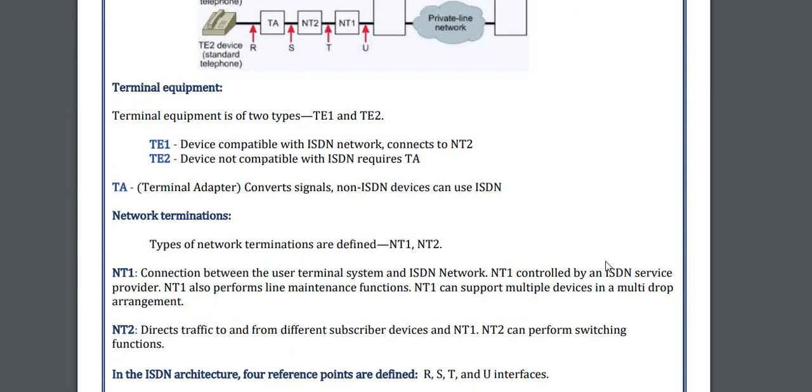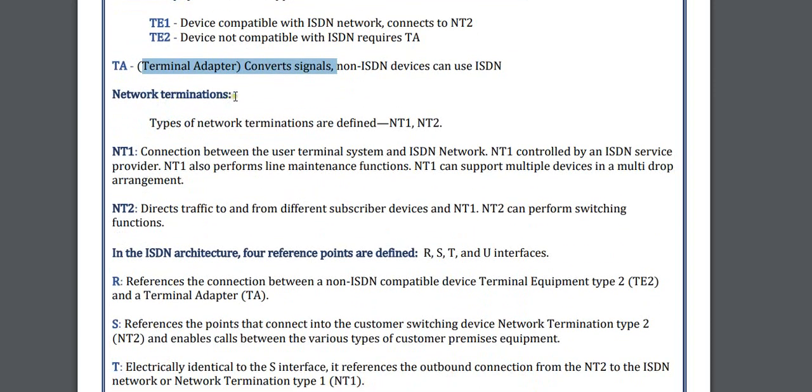Here are some terminal equipments which are known as TE1 and TE2. TA stands for terminal adapter. Here network terminals are known as NT. Here we have NT1 and NT2.